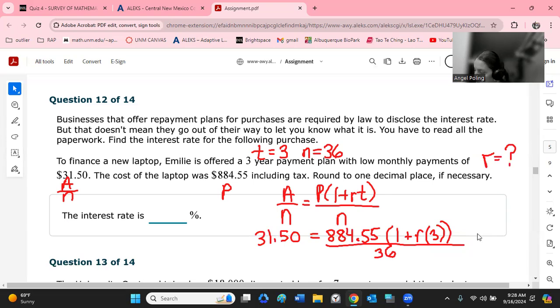I did this a little slower than the last one because the R is a little nested, right? So first I multiply both sides by 36, and I got 1134 as that numerator.